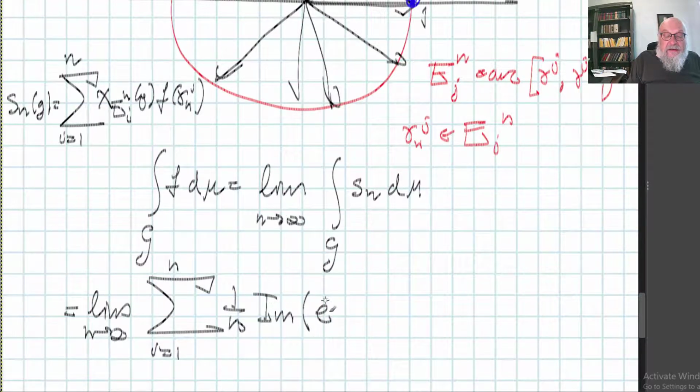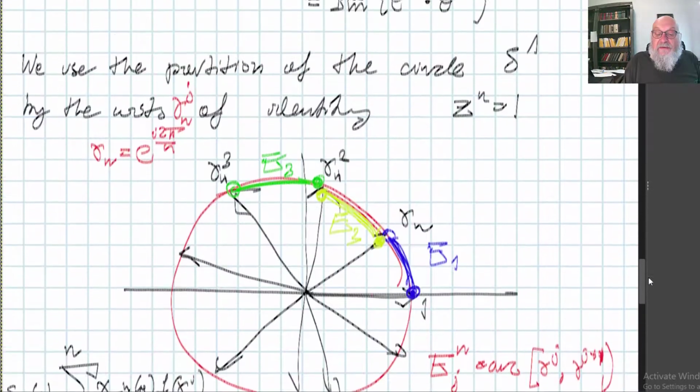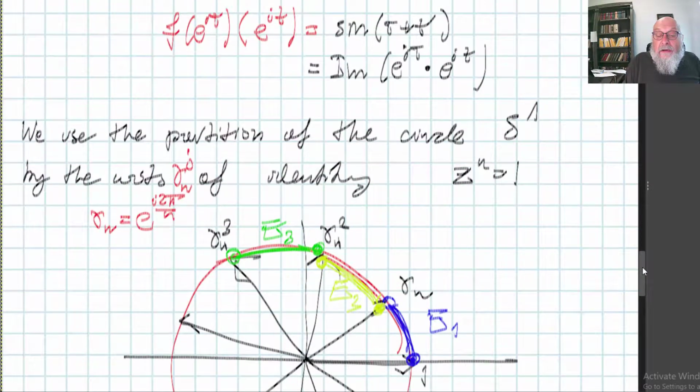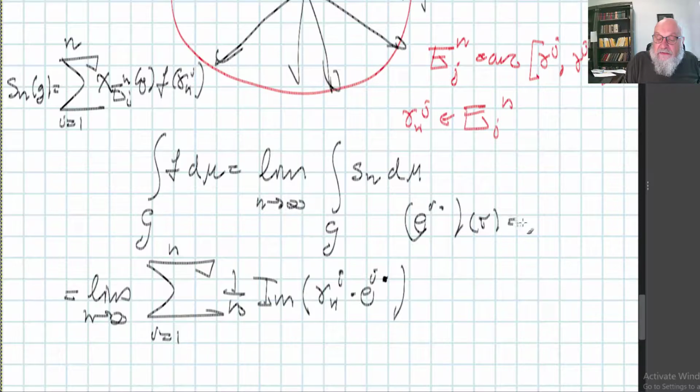So I just copy the imaginary part of e^{i tau} times the function, taken at that point, so the imaginary part of gamma n i times e^i, where the dot stands instead of tau.